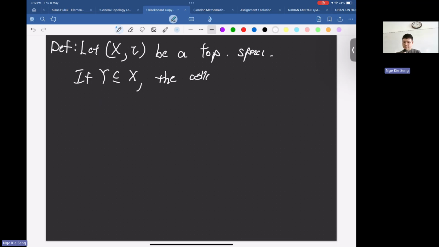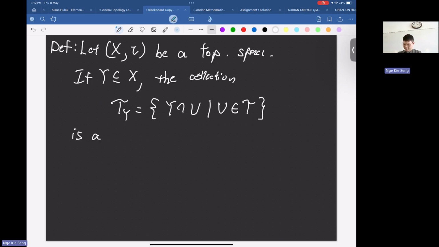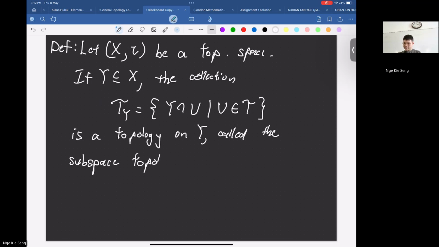The collection tau_Y is the sets Y intersect U such that U is an open set in X. You should prove that this is indeed a topology, and this is what we call the subspace topology. In a moment, I'll give you an example.